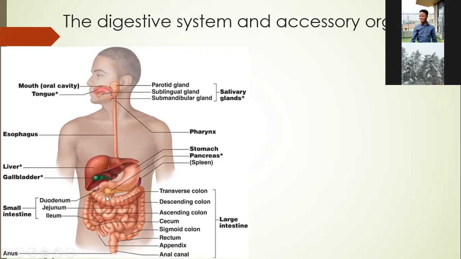Now, as you go down the digestive tract, you're going to come to the duodenum. From my lectures, I told you that the duodenum has the entry point whereby the contents of the gallbladder and the contents of the pancreas are released into the duodenum.